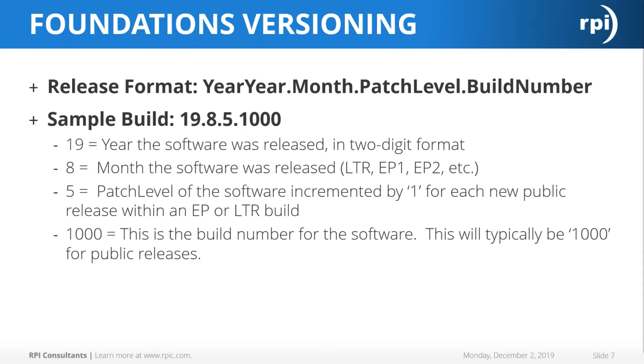If that's LTR or EPs, it does not matter. The number 5 in this example is the patch level of the software, incremented by the number 1 for each new public release. And then the 1000 at the end of the example is a build number for the software. Typically, they'll be using 1000 for any public releases. I find this a little bit confusing because it's called Foundation, but yet it still does have a version number of 19 on it. So just wanted to kind of go over what their versioning means and how to read it.